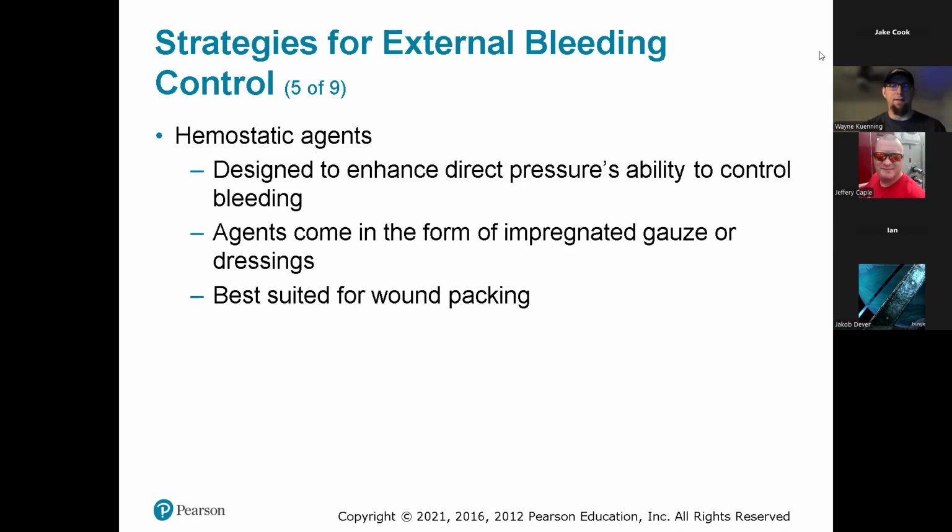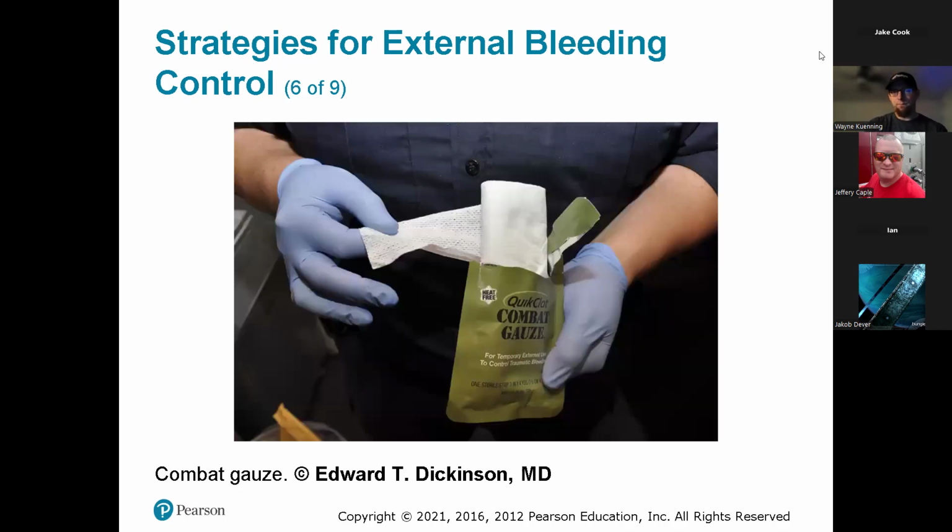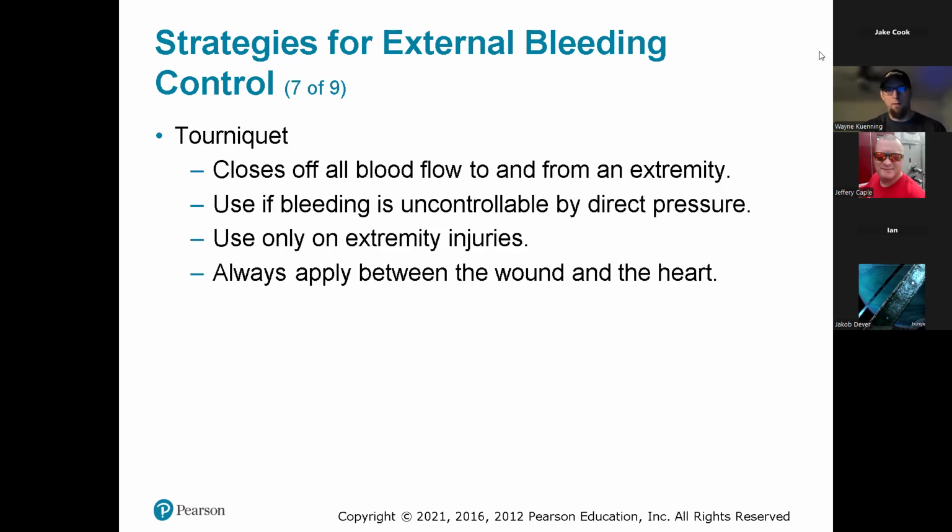Biggest benefit they have is in junctional hemorrhage because it's more or less a Hail Mary, trying to stop those bleeds. QuikClot Combat Gauze is one of the more common hemostatic agents that you'll run into. I think we carried the 4x4s. We don't carry the rolls of it.